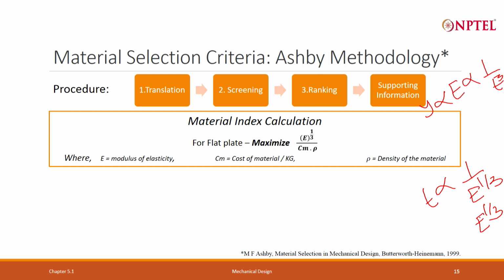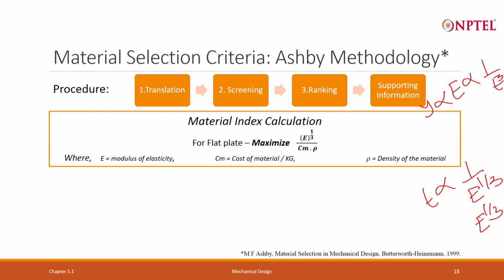In a similar way, what do I want to do with cost? I want to minimize cost. The cost would be directly proportional to some number, whatever the cost of that material is. But my objective function is to maximize, so it will go to the denominator.